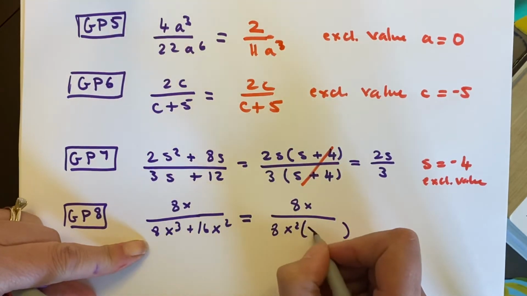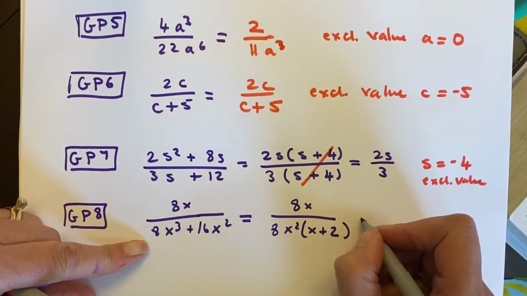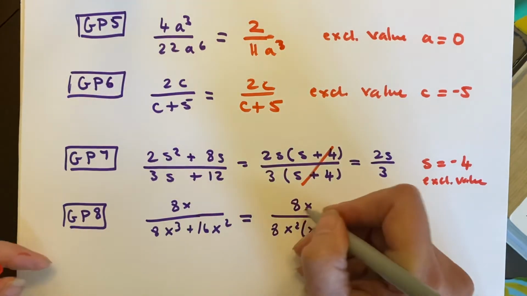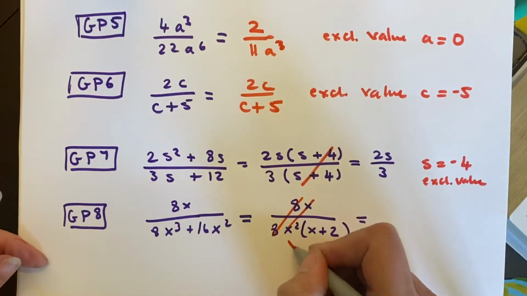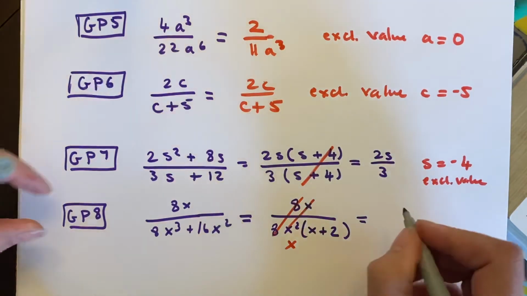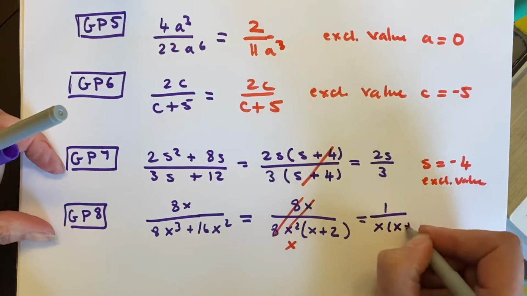I'm left with x plus 2, and I can see that I can cancel here and I can cancel here, leaving an x in the denominator, so that I end up with 1 here over x times x plus 2.